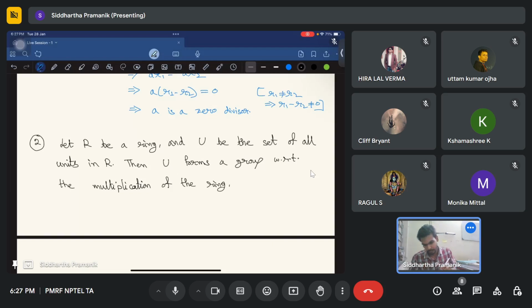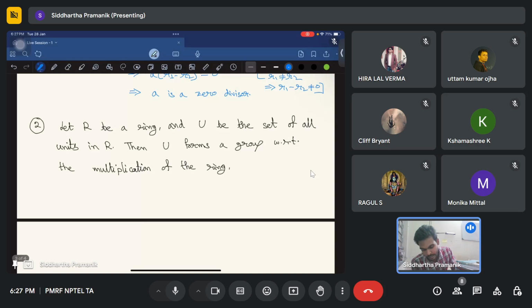So the set of all units in a ring forms a group with respect to multiplication.